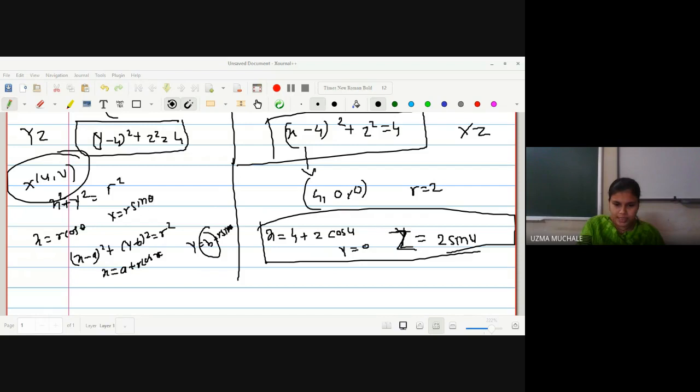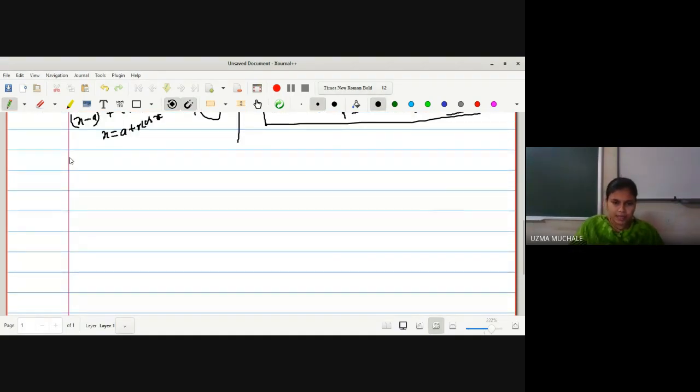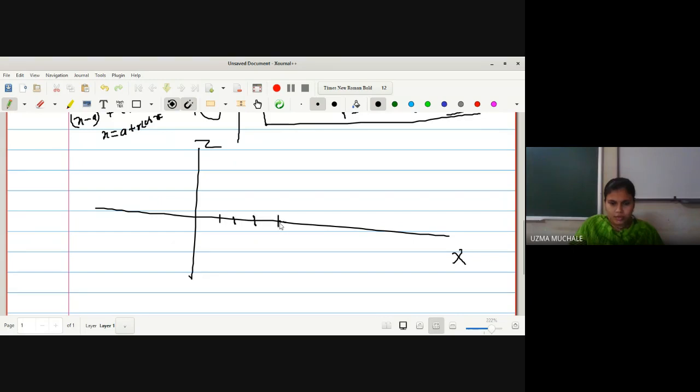Let me show you as we have seen in the last lecture. So this xz plane we will construct. Okay, suppose this is your z-axis and this is the x-axis. So what is there here? We have, suppose here is 0, 1, this is 2, 3 and 4. So this is at 4, 0, 0. So we can have the circle with radius 2, and let me draw the actual circle.